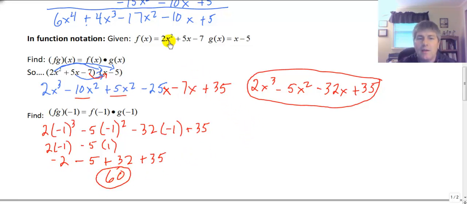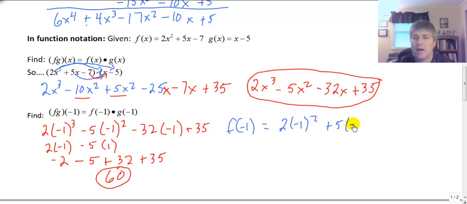Now that would be the same result as if I put negative 1 into the f function and the g function and then multiplied those two things together. So f of negative 1, well, that'd be 2 times negative 1 squared plus 5 times negative 1 minus 7. So that becomes 2 minus 5 minus 7, which is a negative 10.